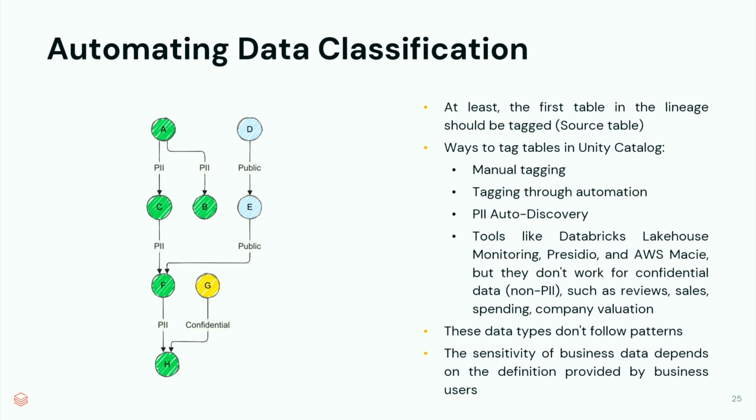But any kind of auto-discover tools like Databricks Lakehouse Monitoring, Presidio, Macie, they work well for PII data, but they don't work well for confidential data because this kind of data doesn't follow patterns. So the classification of the confidential is more related to the business.